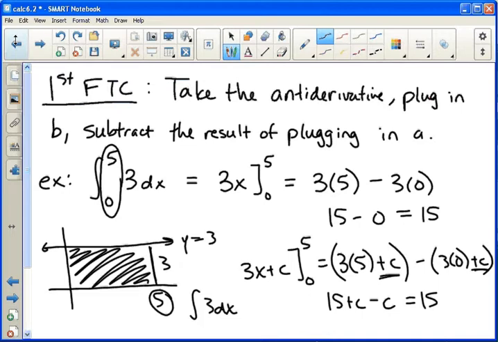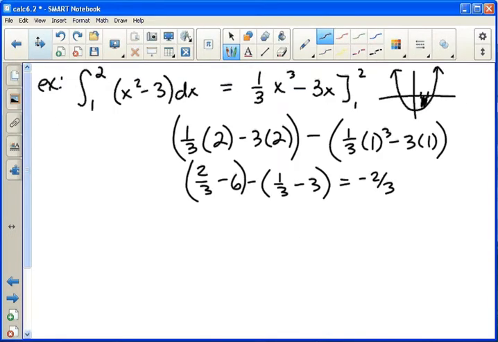Alright, so now let's keep on and do a few more examples. Let's try the integral from 1 to 4 of 3 square root of x. My first move would be to rewrite that as 3x to the 1/2. You're not required to do that, but I think it's a good idea.